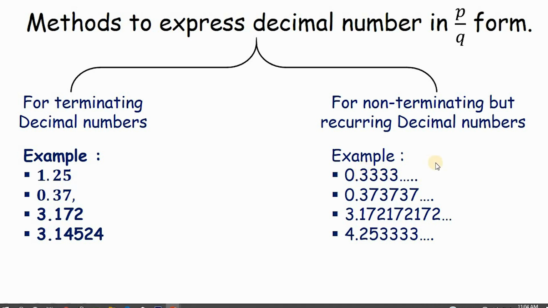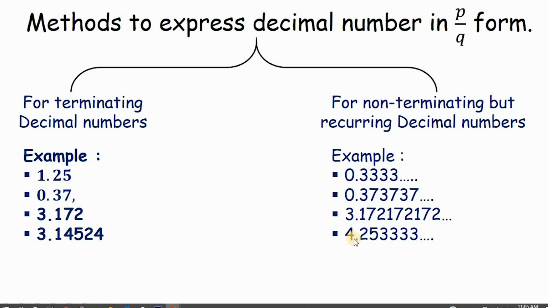In the second example the block of 37 is repeating, 373737, so two digits are repeating. In the third example, 3.172172172, three digits are repeating, that is 1, 7 and 2.